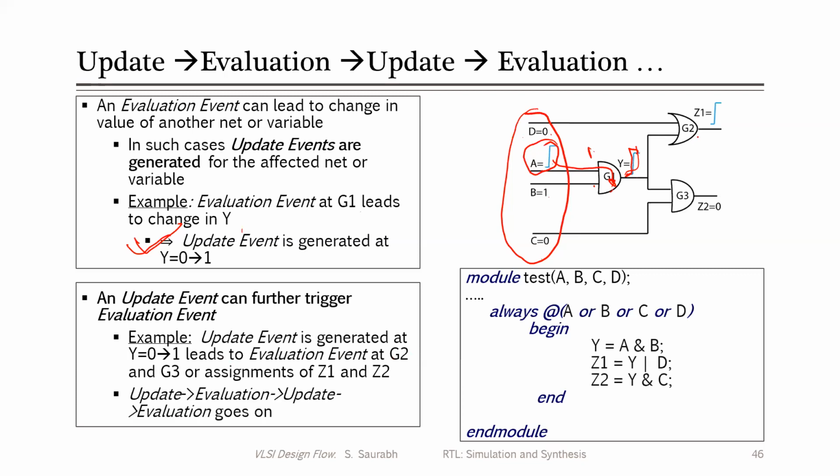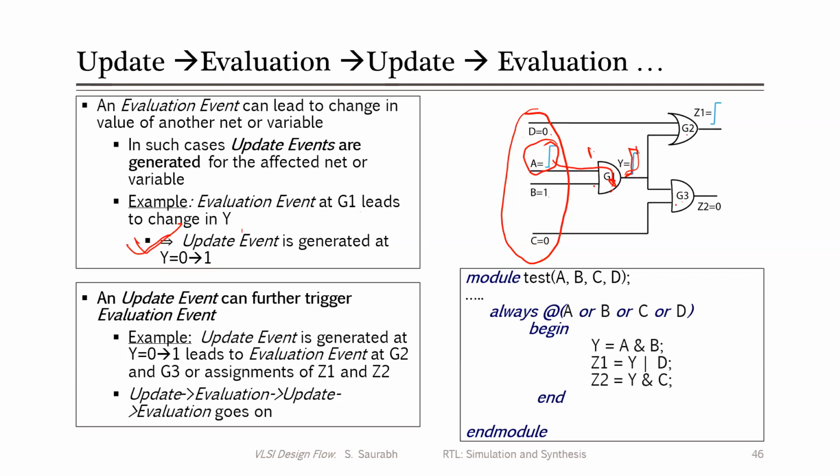Now because of this evaluation event at G2, what update events will be created? When you evaluate G2, what update event will be created? Z1, right, because the value of Z1 is changing from initially 0 to 1. Now, when you do the evaluation of G3, what update event will be created?